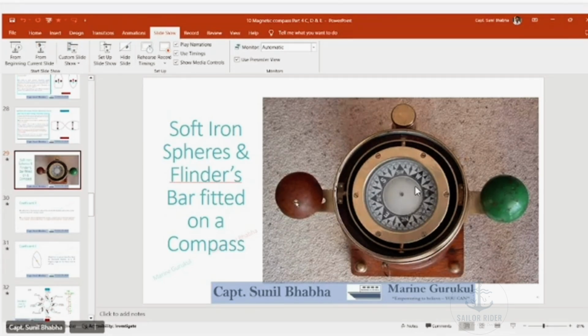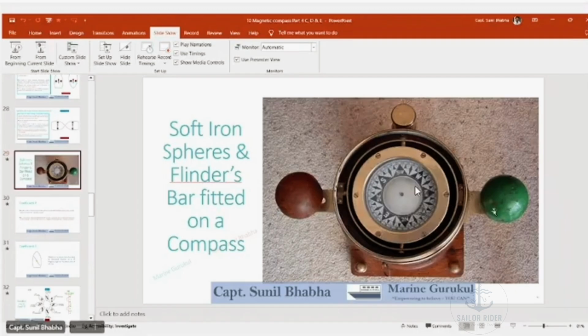If you look at your compass deviation card, which has been corrected by a compass adjuster, he would have clearly mentioned the scale position of the spheres is 1.5 or 2 or 2.5 and so on. So usually this scale position should be the same for the port and starboard spheres. If one of them is at 2.5, the other also has to be at 2.5.